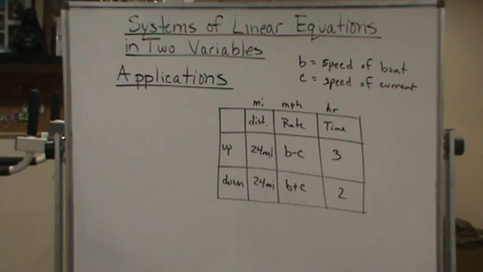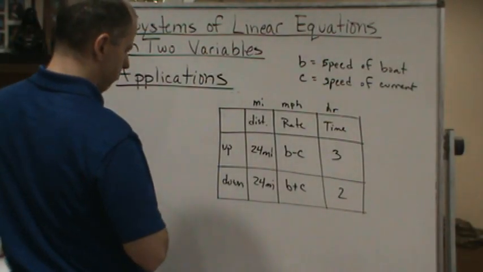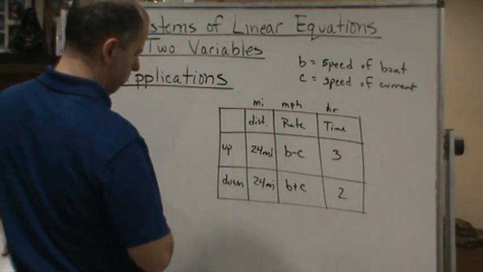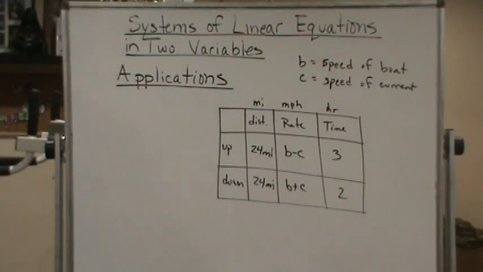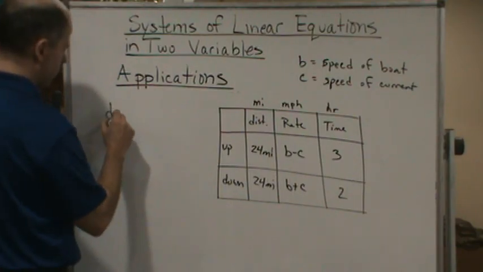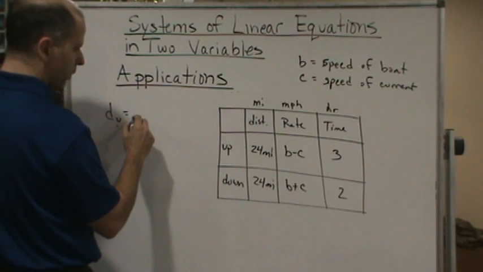Okay? So, how do we do this? Well, again, like I said before, we're going to use distance equals rate times time and the relationship between the two. Okay? So, we're going to set up two equations based on that. So, it's going to be distance U, for distance upstream, equals what?